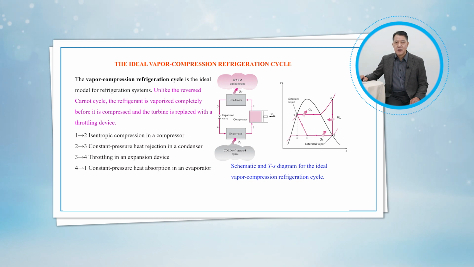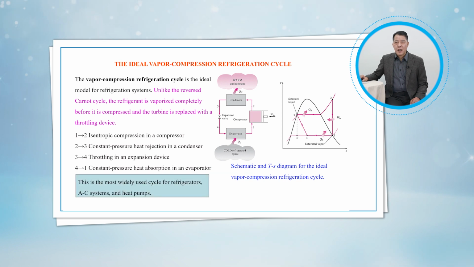Process 3 to 4 is the throttling in an expansion device, and 4. Process 4 to 1 is the constant pressure heat absorption in an evaporator. The vapor compression refrigeration cycle is the most widely used cycle for refrigerators, air conditioning systems, and heat pumps.